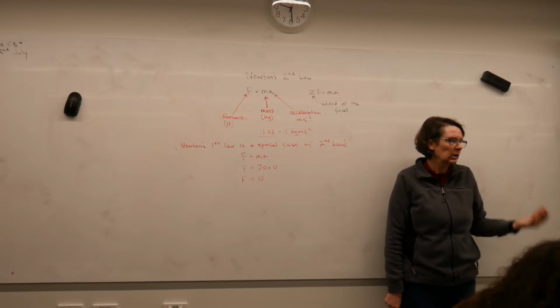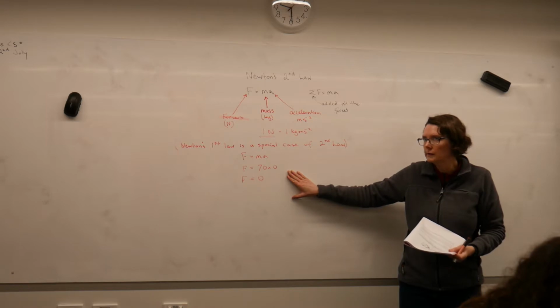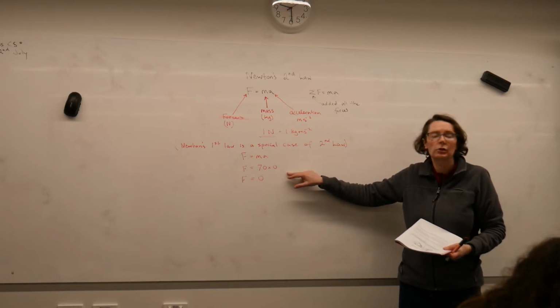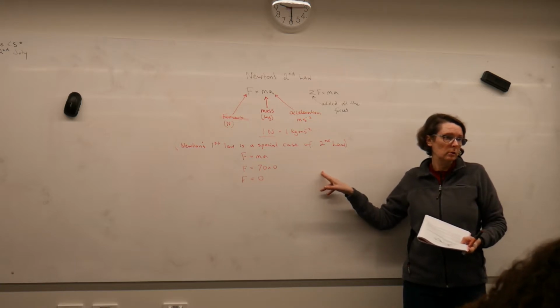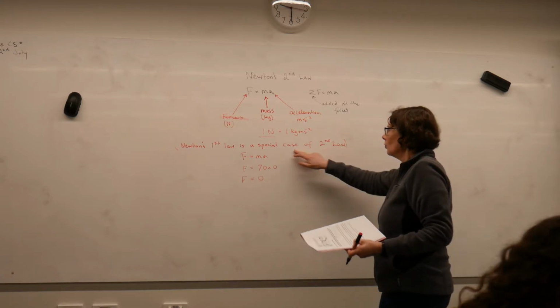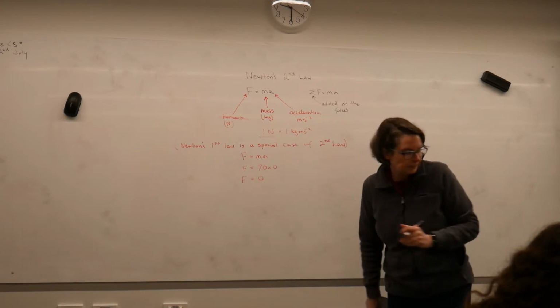Okay? So if we've got no acceleration in Newton's first law for objects that are stationary or moving with a constant velocity, then there is no net force. So that's why Newton's first law is a special case of Newton's second law.